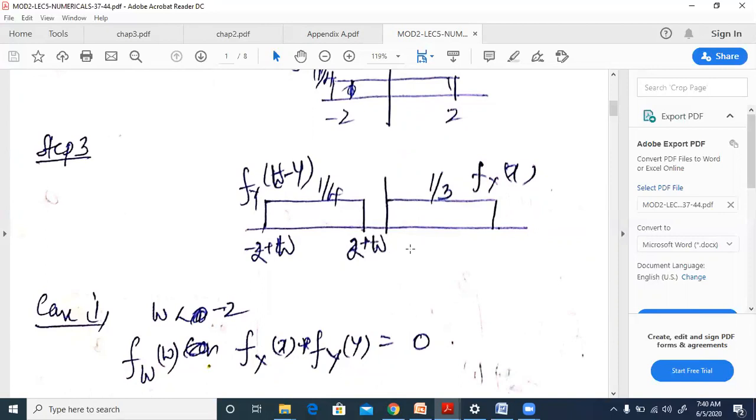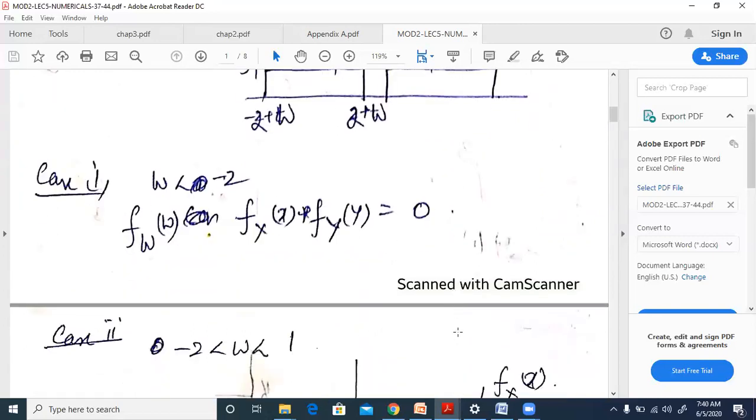So till the time w is less than -2, there won't be any overlap. When there is no overlap, the convolution value will turn out to be 0. They don't overlap at all, right?